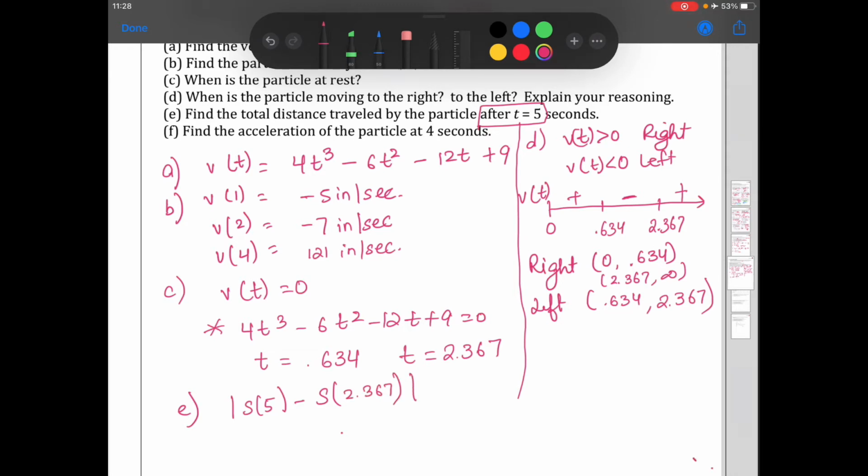That's where it's changing direction, which we know from above, plus, it's the same way as saying what is the total distance traveled in 5 seconds. So s of 2.367 minus s of 0.634, I'm just looking at this number line to come up with it, like my 5 is here and I'm just checking what it is.